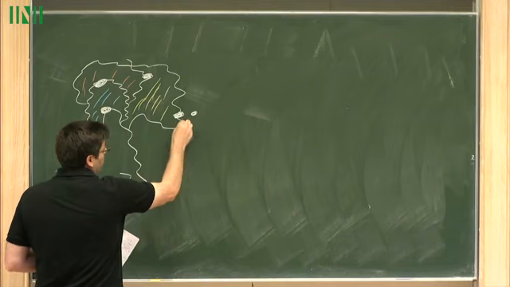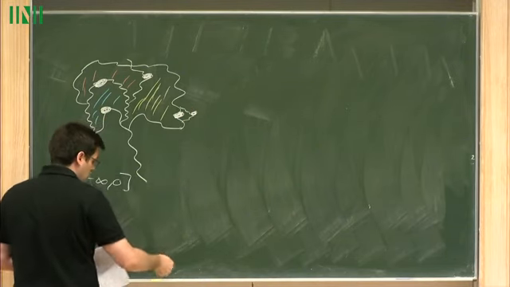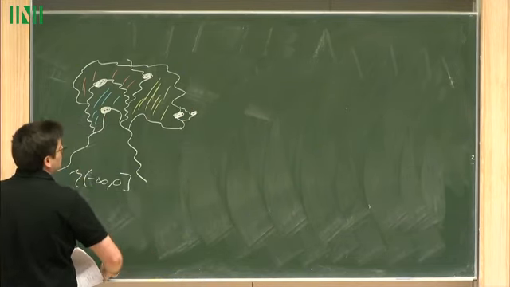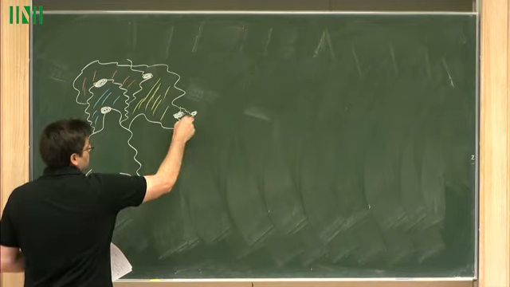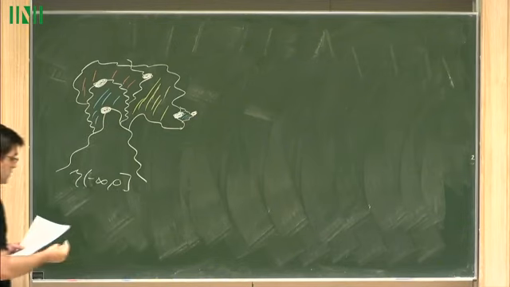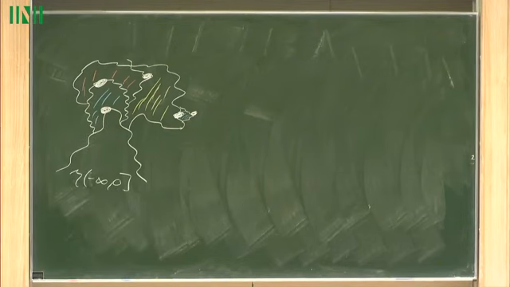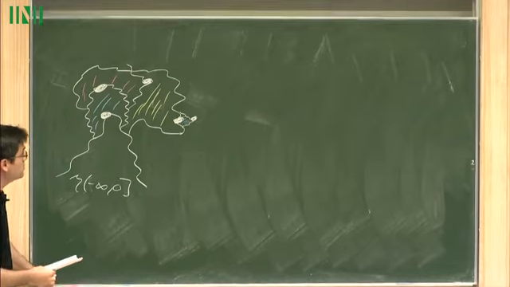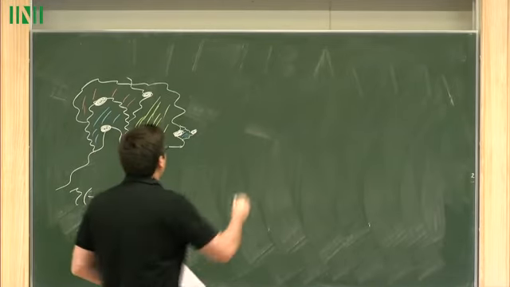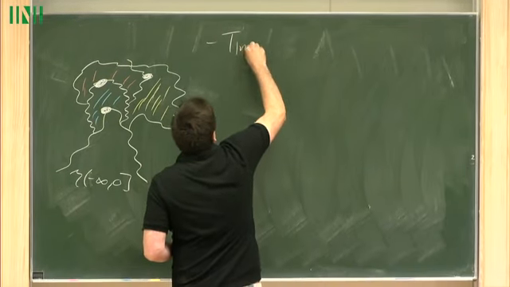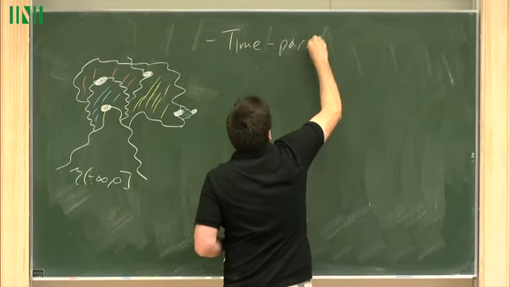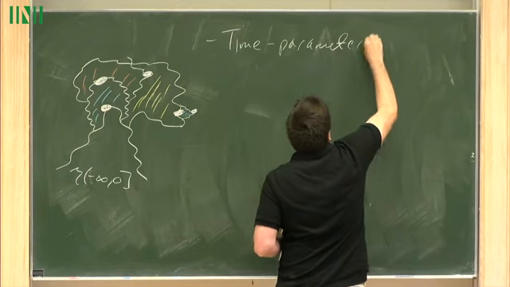So it could very well be that you have something that looks like this, which is right next to a cell which is much larger. Okay, so there's always this possibility, and this is one serious complication in the analysis. So this time parameterization is going to be very important.